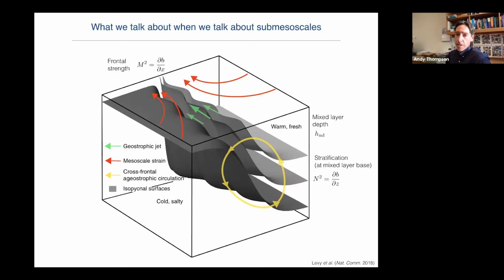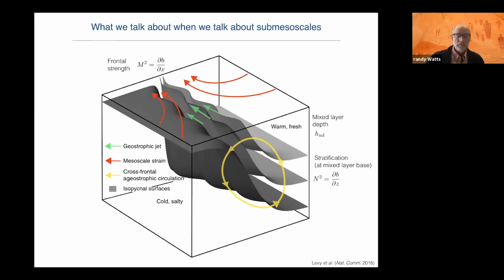The same thing happens in the mixed layer, and in fact is typically called mixed layer baroclinic instability. So when you have this frontogenesis, you have the same picture, with potential energy stored in those tilting isopycnals. If that happens over a relatively small fraction of the surface ocean, there's just less potential energy there to extract. And if the mixed layers are deep, you have more potential energy. I'll show that a little bit in a minute.